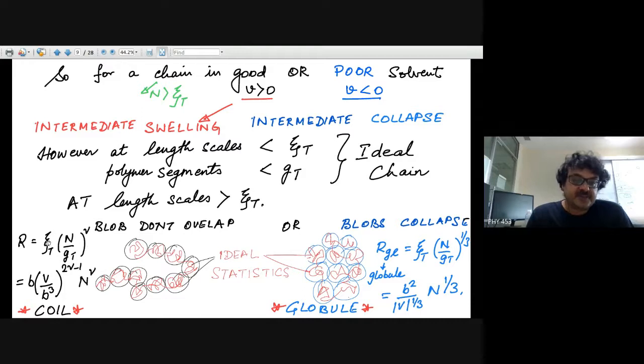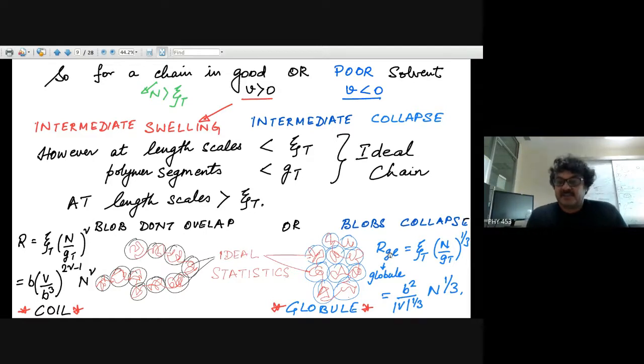If you substitute these two quantities in terms of v and b cubed, you get a prefactor, but R is still going as n to the power nu, 3 by 5. Over length scales smaller than the blob size, you have the ideal chain statistics, and only above that you have the self-avoiding random walk polymer chain statistics.